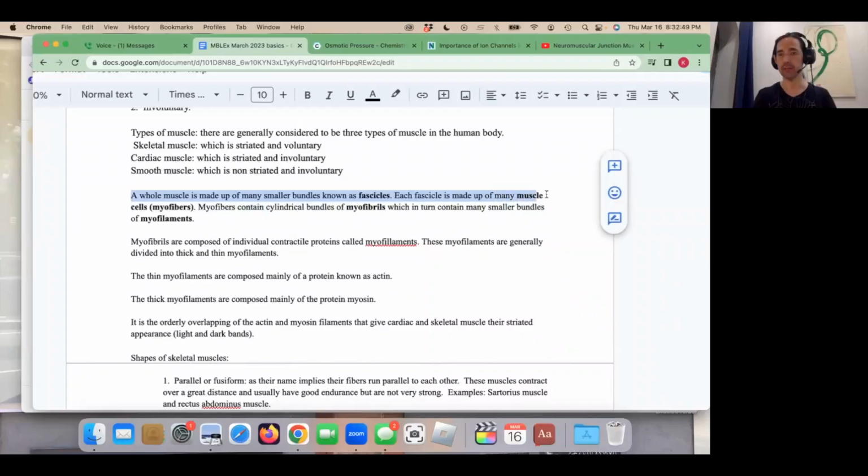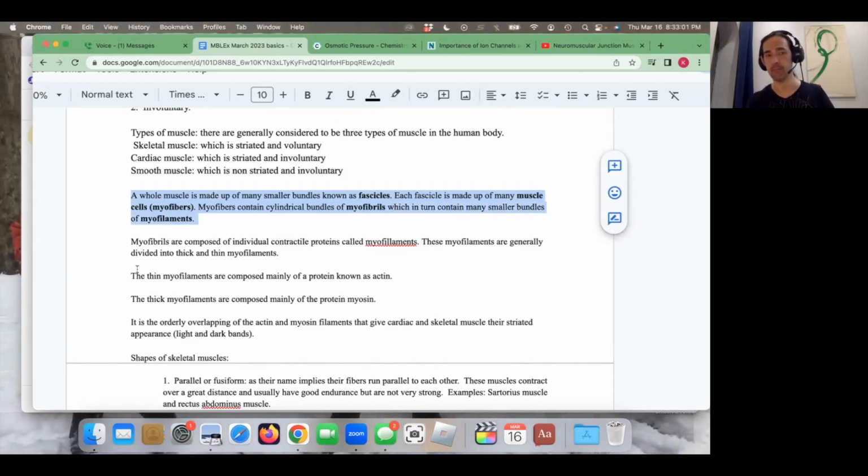A whole muscle is made up of many smaller bundles known as fascicles. Each fascicle is made up of many muscle cells or myofibers. Myofibers contain cylindrical bundles of myofibrils, which in turn contain many smaller bundles of myofilaments.